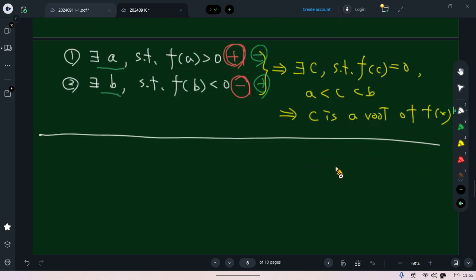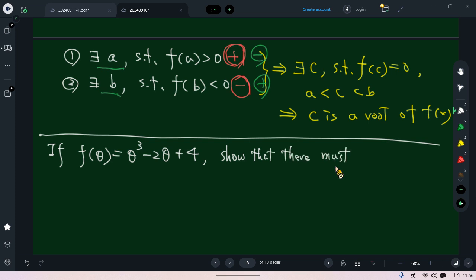For example, if f of theta is equal to theta cubed minus 2 theta plus 4, please show that there must exist at least one root which is between 0 and -3.